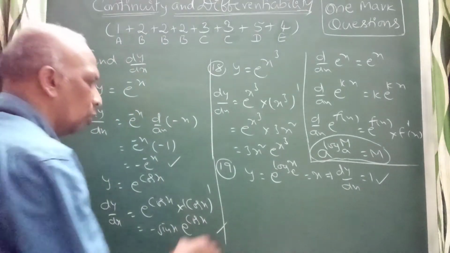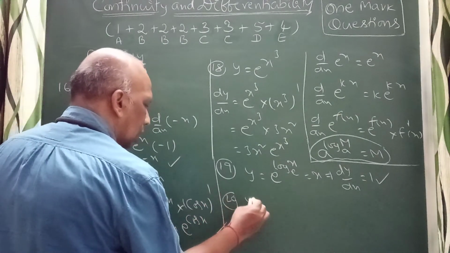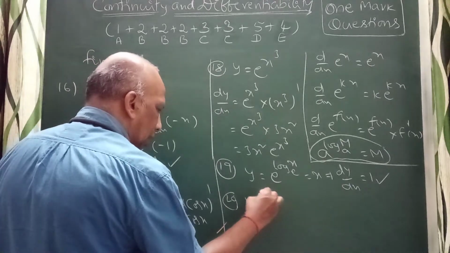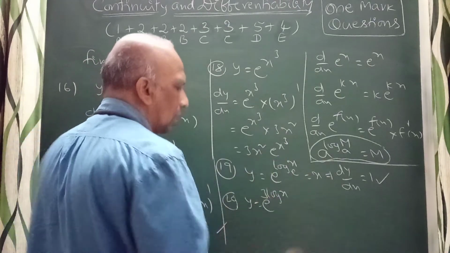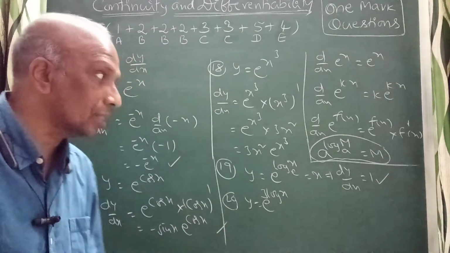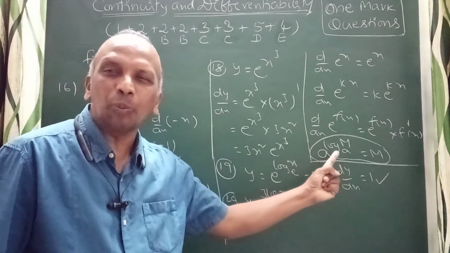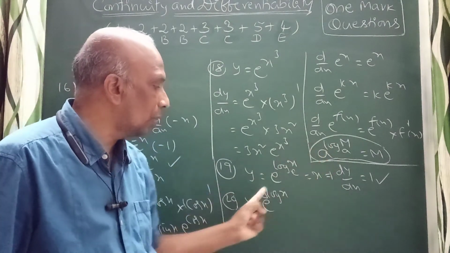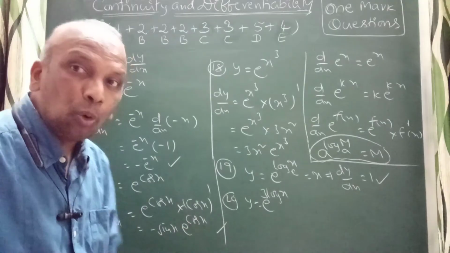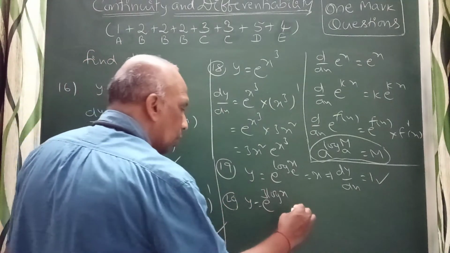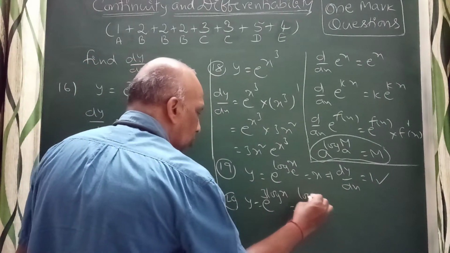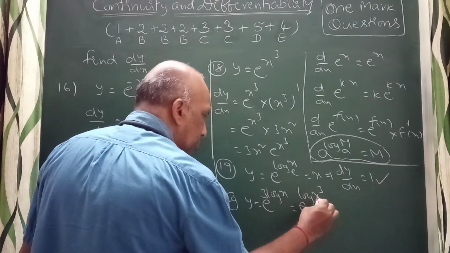Suppose they are given y is equal to e power 3 log x. But to apply this formula, the coefficient of the logarithm should be 1, but here it is 3. I can move this 3 inside the logarithm and write e to the power of log of x cube base e.